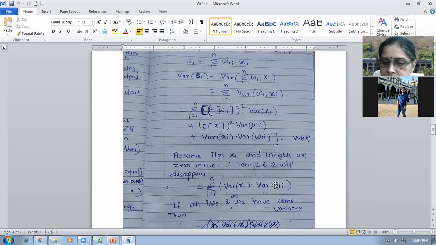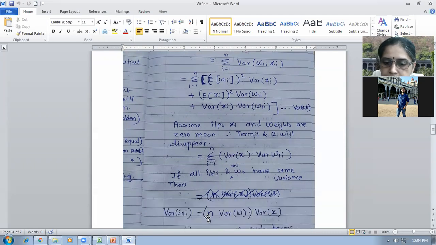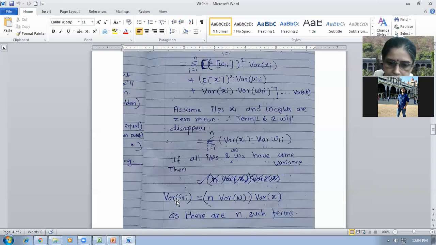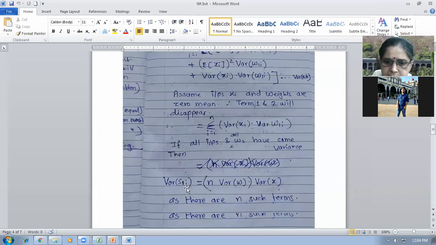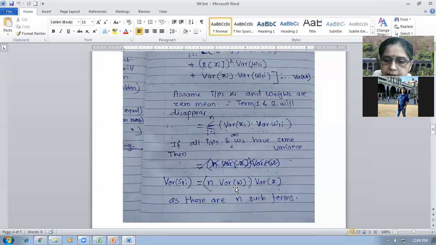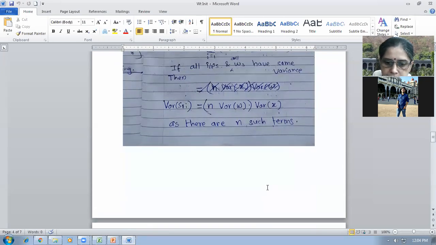All inputs and all weights have the same variance. So if we consider that all these inputs and all the weights have the same variance, then this will result in simply n multiplied by variance W into variance x. So your variance S1i will be simply n into variance W into variance x.